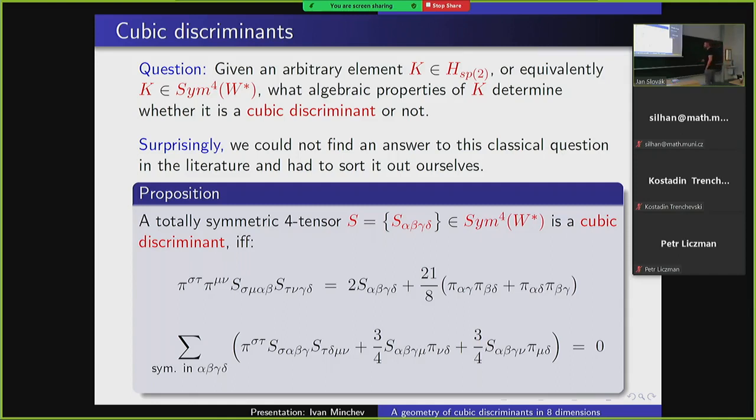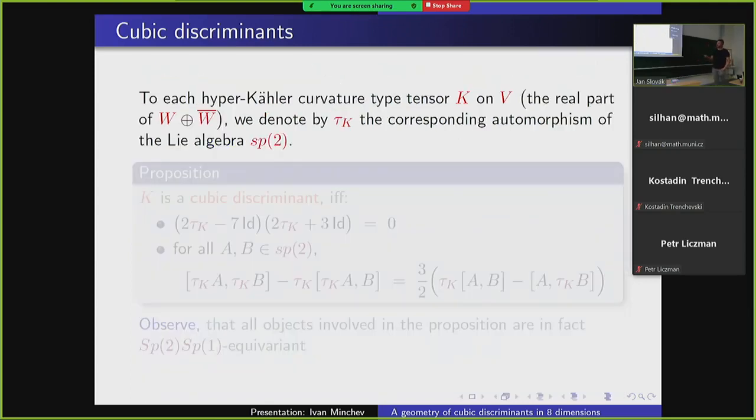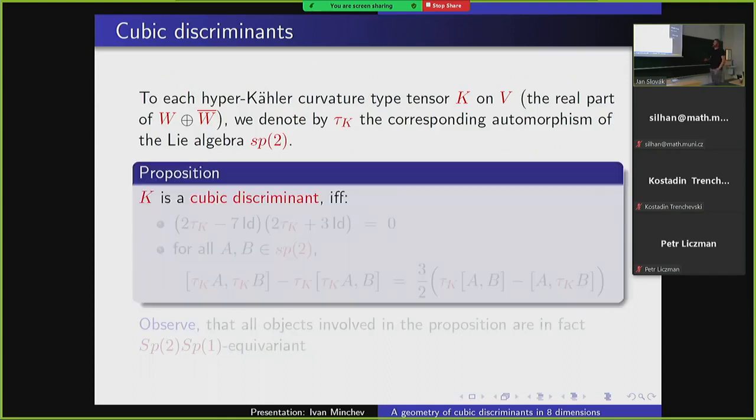It is a bit more enlightening if we think in the real situation, on the real H space V. So if we think of the cubic discriminants as hyperkähler curvature type tensors on the real H space V, of course a hyperkähler curvature type tensor is the same as a certain symmetric map from the real algebra SP2 to SP2. To be more precise, I shall denote this induced automorphism of SP2 by tau subscript k.